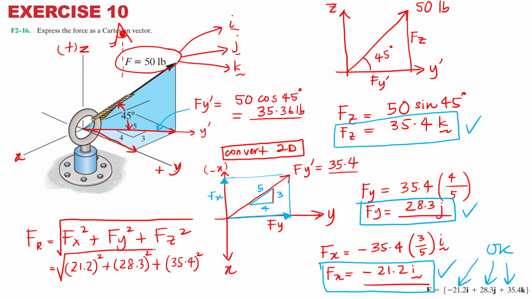Now square root. What is the value? 21.2 squared plus 28.3 squared plus 35.4 squared, square root, 50.034. So you are correct. You have successfully resolved them into components I, j and k.